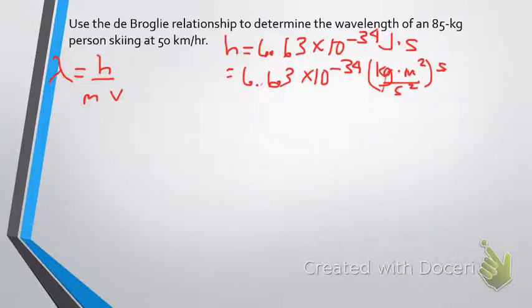The hard part of this is, since joules has meters and seconds in it, we need to convert kilometers an hour to meters per second. So let's do that first.